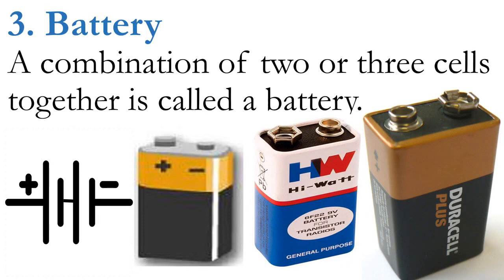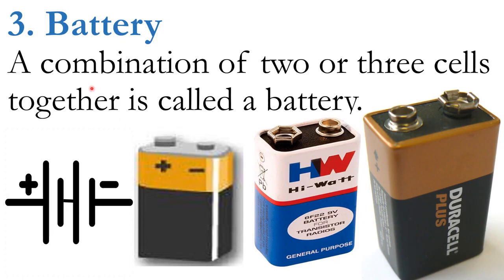Cell, as we just discussed, is a source of energy. In the same way, the third component, that is battery, is also a source of energy in an electric circuit. Battery is a combination of two or more cells which are joined together. As there are two terminals in a cell, in the same way two terminals are there in the battery.